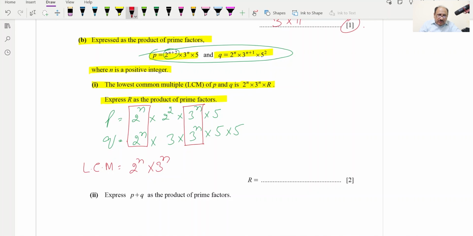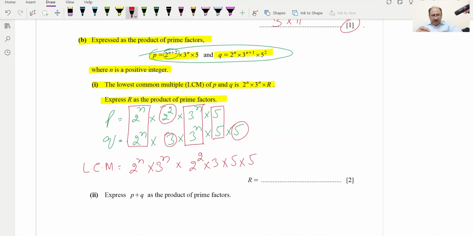From this one, 2 raised to the power 2, we will write 2 raised to the power 2 here, and this 3 also we can write 3. Then from the 5 we can write one 5 which is common, and then this remaining 5 we can write here.